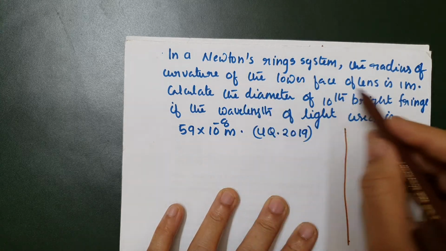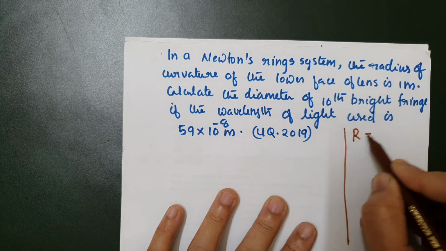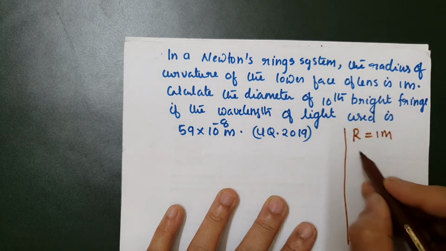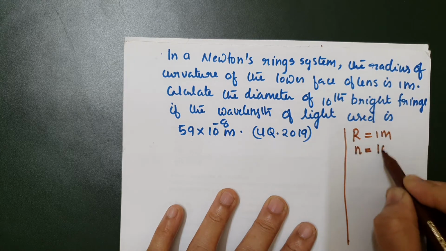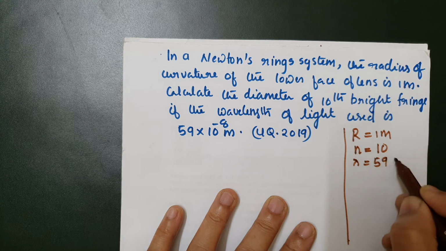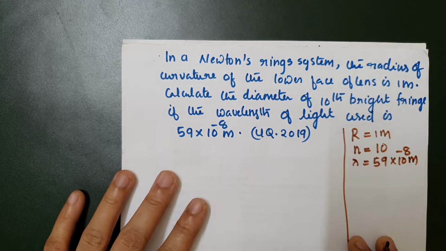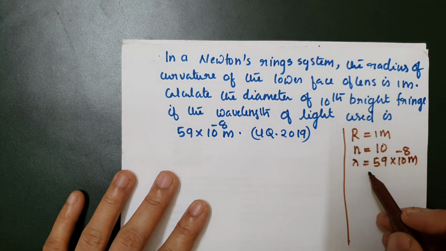That is, here the radius of curvature r is equal to 1 meter, n is given as 10 for the bright fringe, and lambda is given as 59 into 10 to the minus 8 meter.